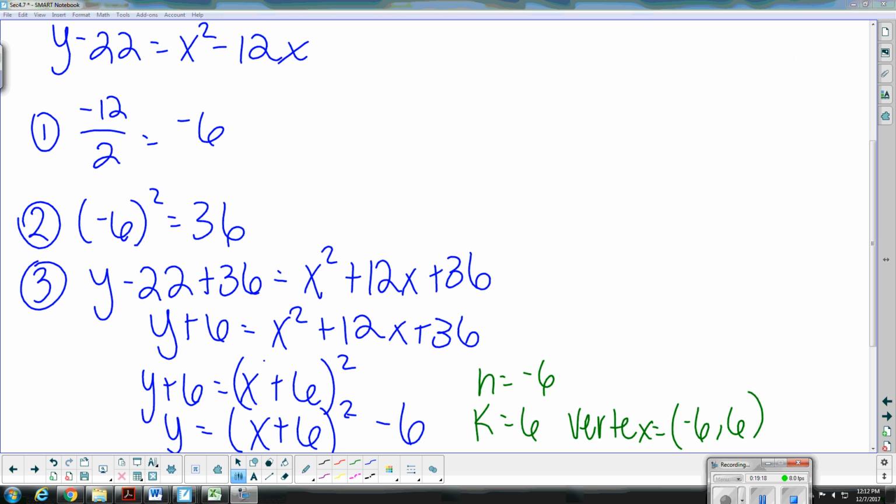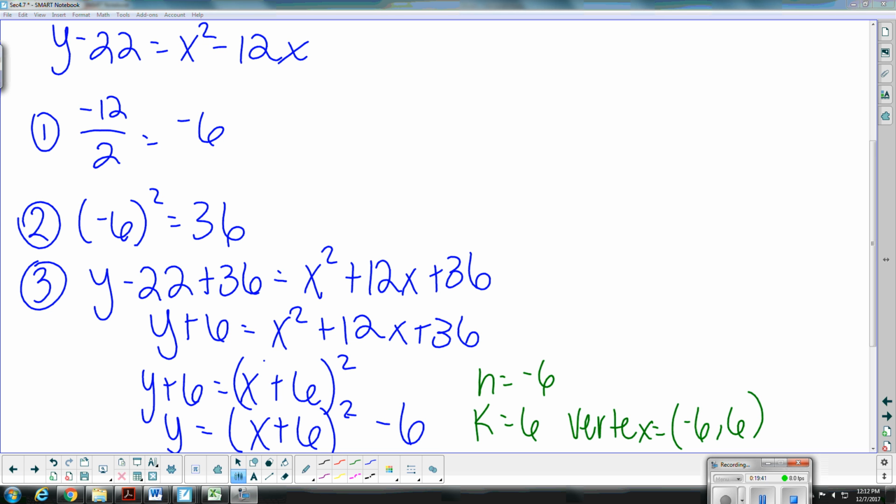So after you put it into a square binomial, we get y plus 6 equals (x plus 6) squared. So we get y equals (x plus 6) squared minus 6. That's vertex form. So our h is negative 6, our k is 6. Our vertex is (negative 6, 6).